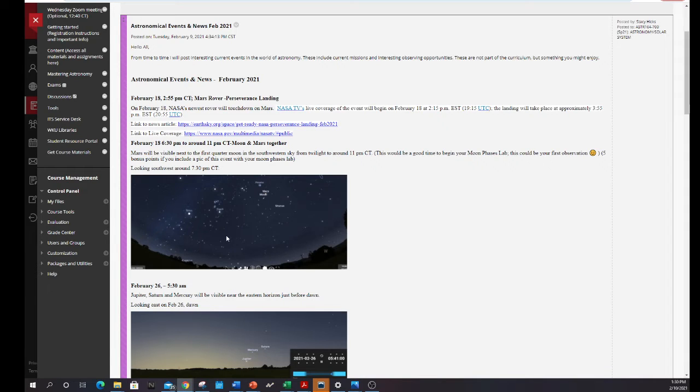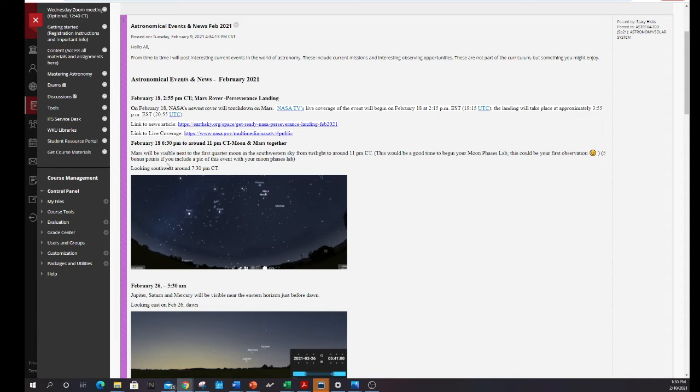So on February 18th, which is one day into the first observation window, if you make an observation that night, you will see the planet Mars, very close to the moon, right? This doesn't happen extremely frequently, and it's a very nice thing to see, right? So if you do your observation that night, then you'll be able to see Mars close by the moon.